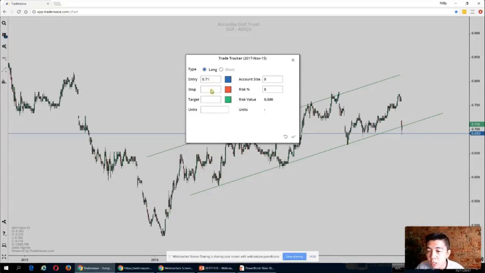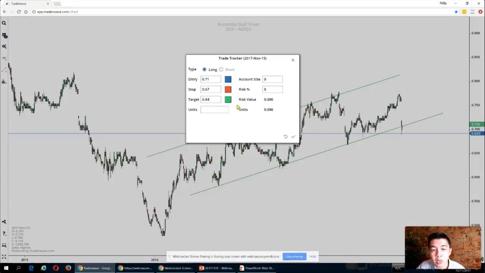And then if we are to assume where a stop loss is going to be, based on the key support level of about 69 cents, maybe we could put the stop loss at something like 0.67. All right. So based on the target level, if we think that the stock is likely to go back up to the upper channel boundary, it could reach somewhere in the range of about 84 cents. So we could potentially just put it at 84 cents.